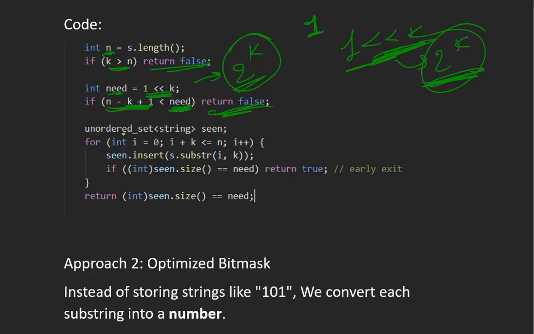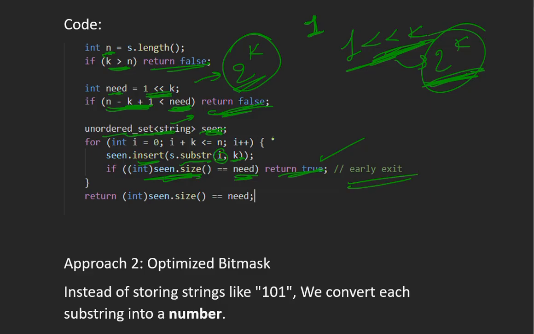And then we make a set of strings, seen, an unordered set, to store all the unique substrings. Then we go to each index, find the substring of length k, and store that in the set. And if seen dot size, meaning the number of substrings in the set, is equal to our need, then we return true directly.